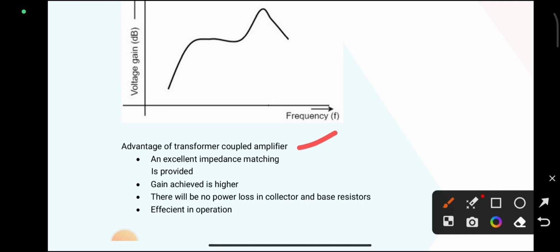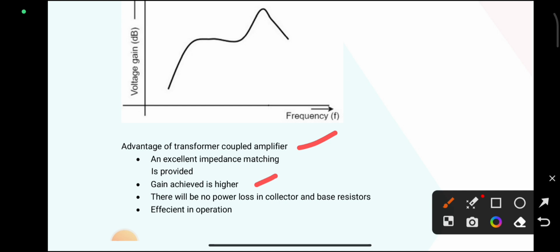Next, the gain achieved is higher. Compared to the RC coupled amplifier, the gain is very high in the transformer coupled amplifier. There will be no power loss in collector and base resistors. So power loss is very small and operation is very efficient.